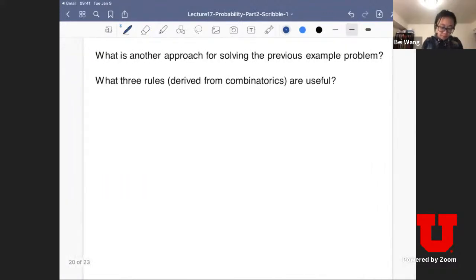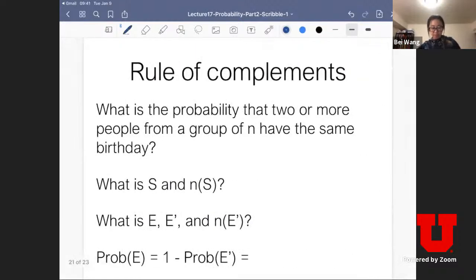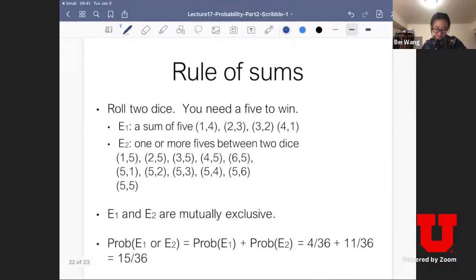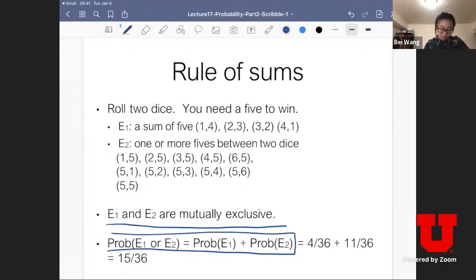So what are the three rules? There's the rule of complement, the rule of sum, and the rule of product. Just a quick review of the rule of complement: the probability of an event is 1 minus the probability of its complement. The rule of sum: if you have two events that are mutually exclusive, the probability of one event or the other happening is those probabilities added together.